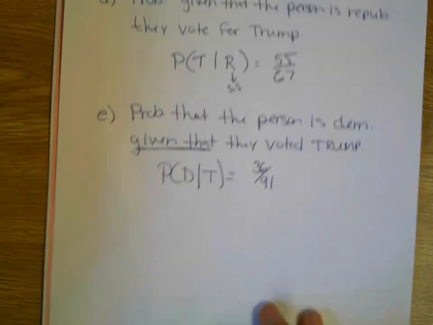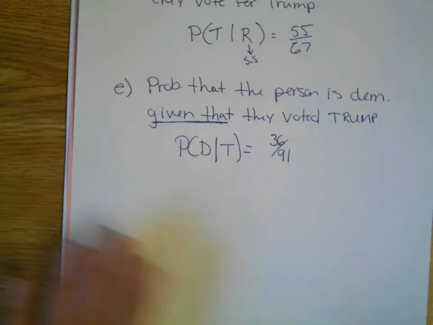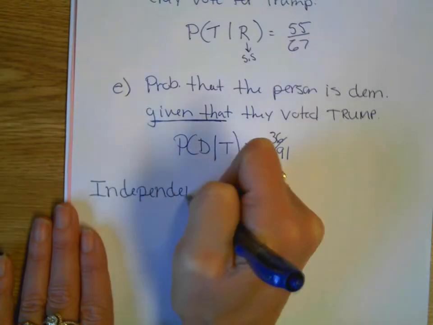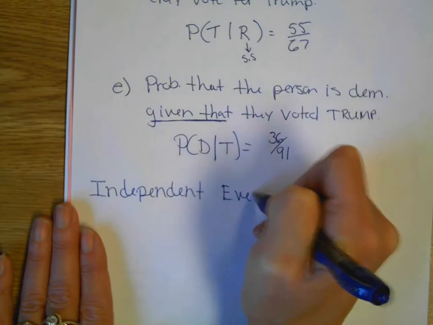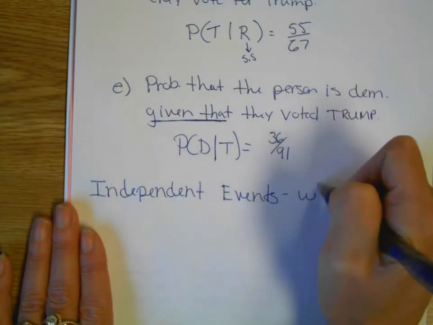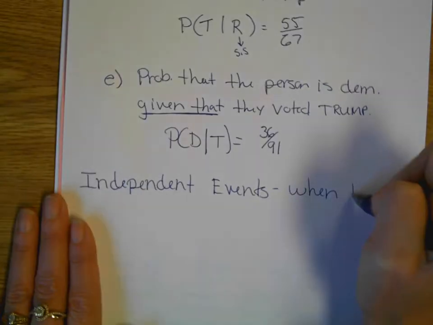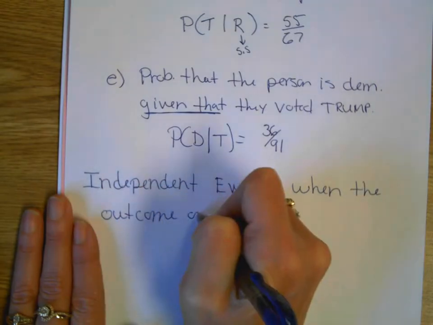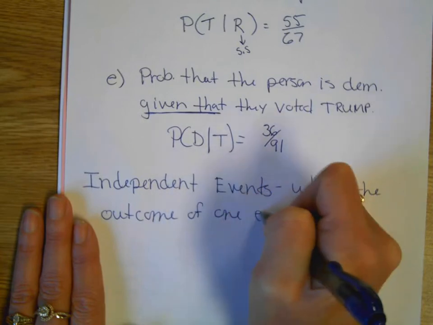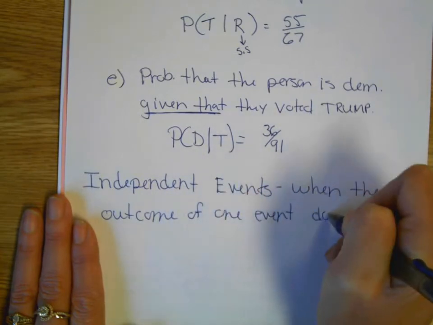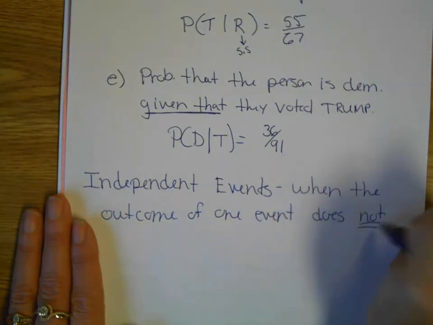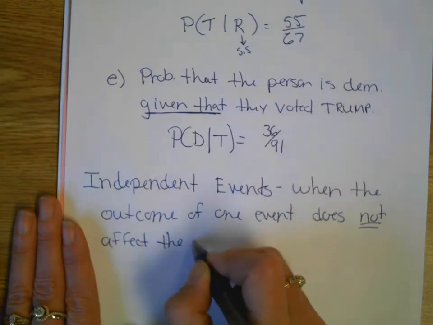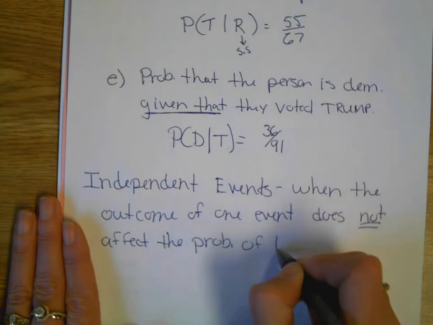Moving on to independent events. Two events are independent when the outcome of one event does not affect the probability of the second event.